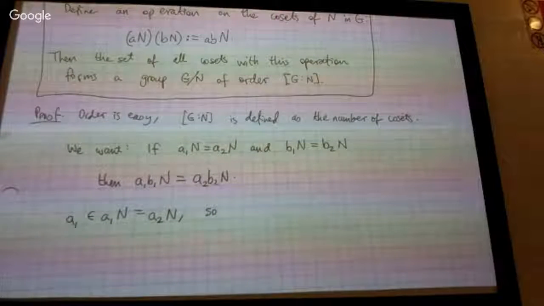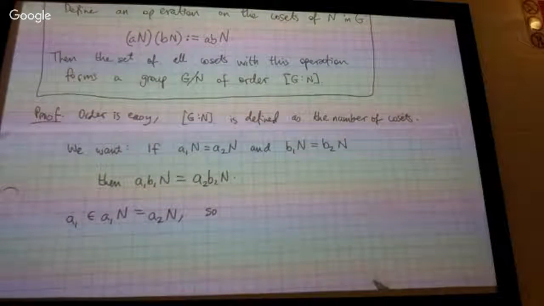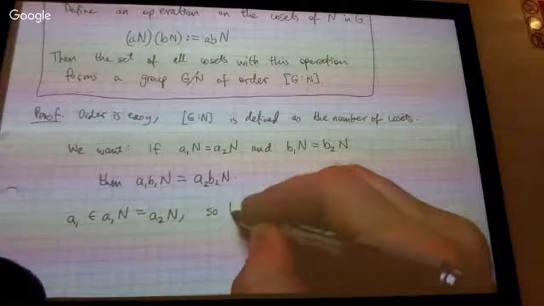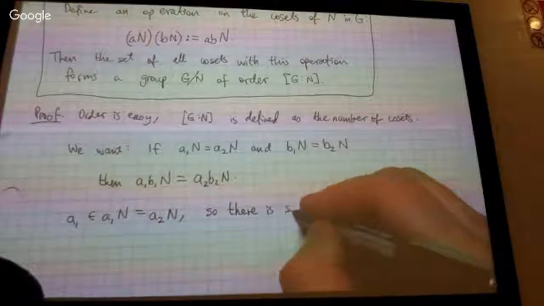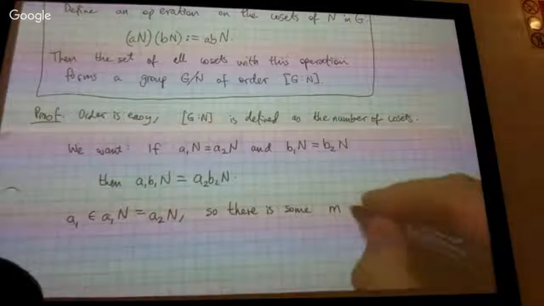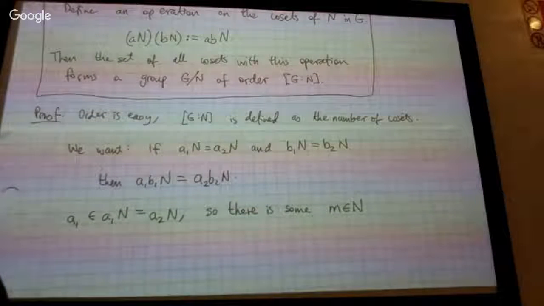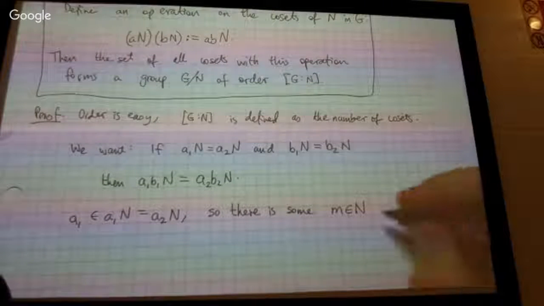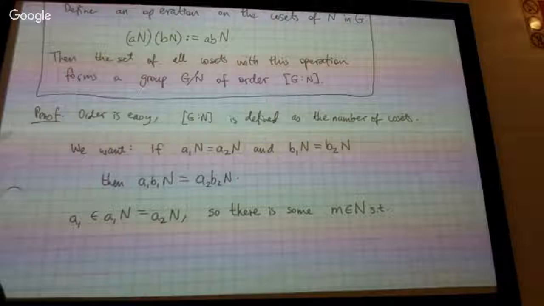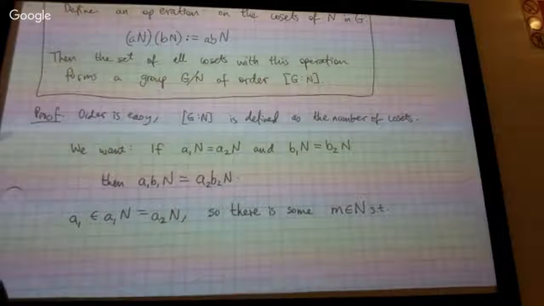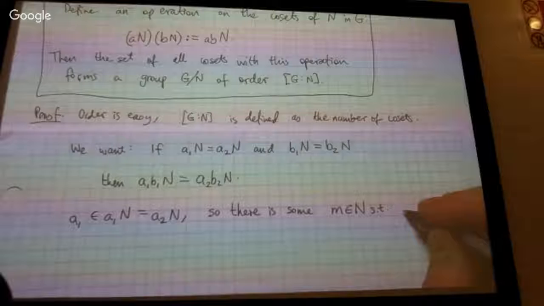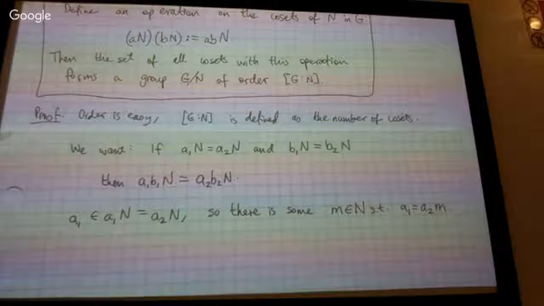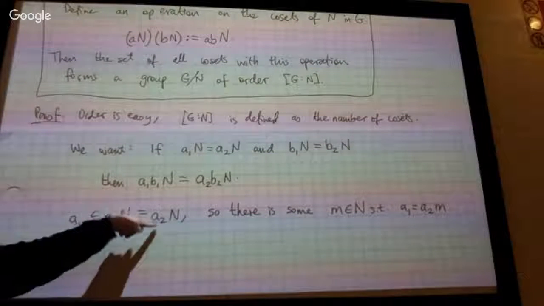So there must be a witness in N which certifies that. So there is some element, I'll call it m, don't get confused, there's a good reason for it, and you'll see in 25 seconds what the reason is, such that A1 is A2m. A1 is in this set, so it has to be of the form A2 times some element of N.